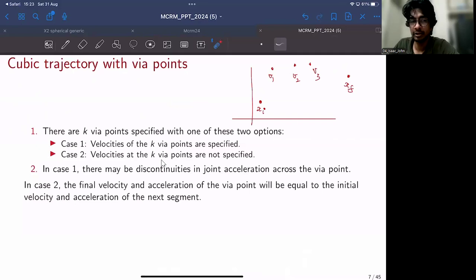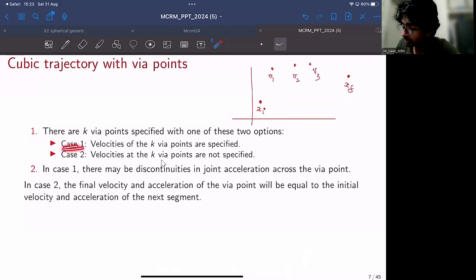But there are two ways of doing this. The first case is that the velocities at the via points are specified. And the second case is that the velocities at the via points are not specified. Earlier, with just two points, we specified the initial position and initial velocity, and the final position and final velocity, and planned a cubic polynomial with those two endpoints.